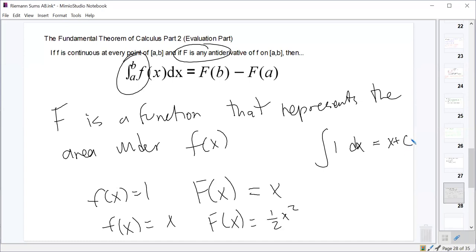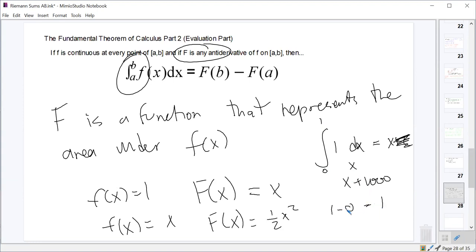Because suppose we chose x plus 1,000 as our integral. Suppose we wanted to integrate this from 0 to 1. Well, if I chose just x, what do I get? The integral function is x, and so we go to the plus c now. I'd say that'd be 1, x evaluated at 1, minus 0, x evaluated at 0.